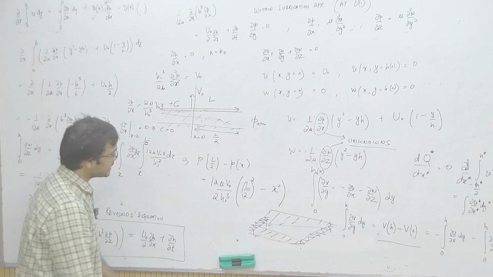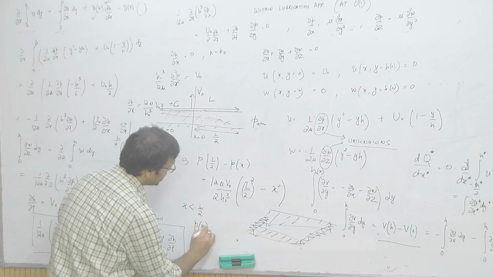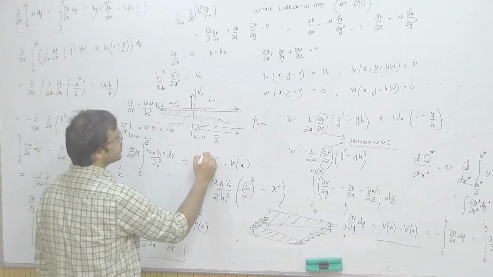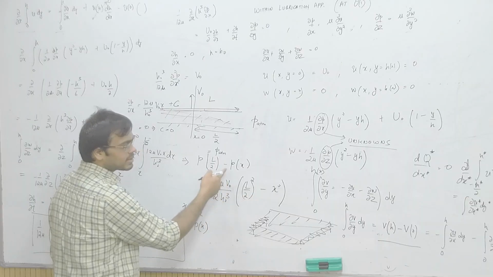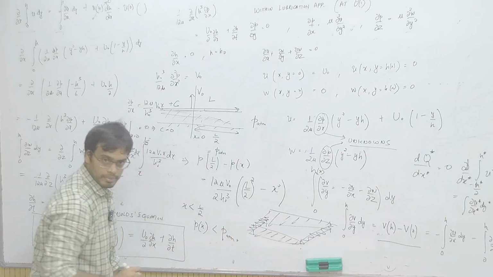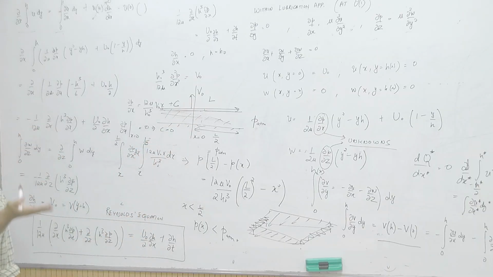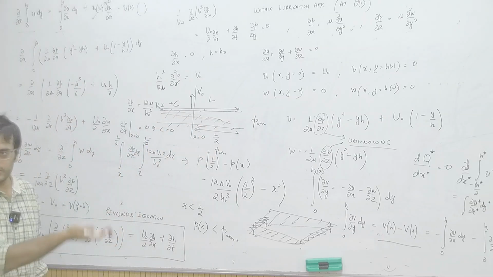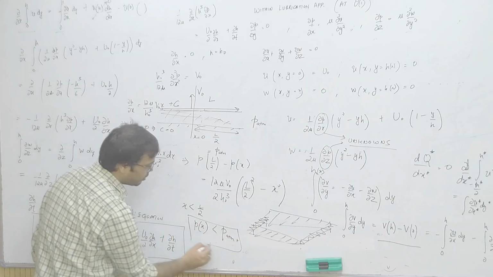So, when x is less than L by 2, how does P x compare to P at L by 2, which is equal to P atm? When x is less than L by 2, P x is less than P atm, right. As you try to pull this plate up, you are basically reducing the pressure due to the flow that is caused by your action of pulling the plate up, and that flow is reducing the pressure compared to atmospheric pressure.